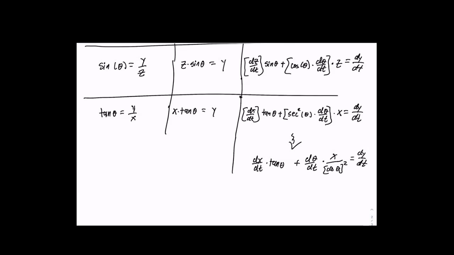Now, the reason why I'm doing it that way is because typing in secant squared gets a little bit complicated. So when you plug it into the calculator, secant squared moves to the denominator as cosine squared, because secant of theta is just 1 over cosine of theta. So secant squared theta becomes divided by cosine squared theta, or cosine theta squared.